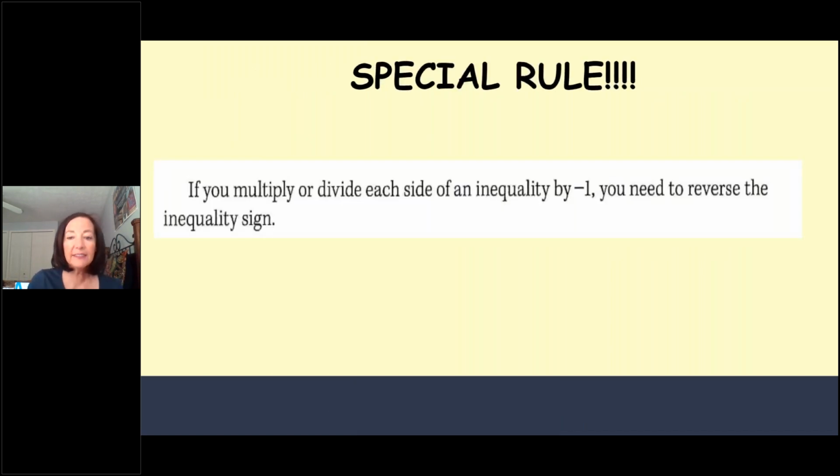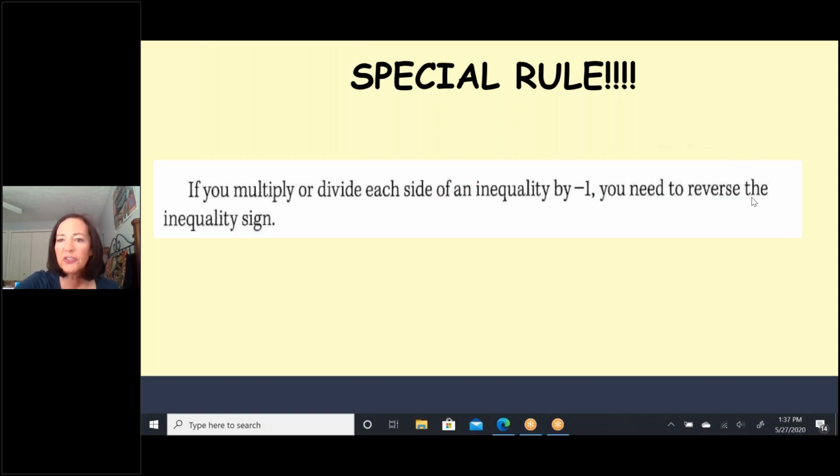Oh, this is the special rule that Danielle was talking about before. And it says, if you multiply or divide each side of an inequality by -1, then you need to reverse the inequality sign. So this is, I'll call it kind of an obscure rule.